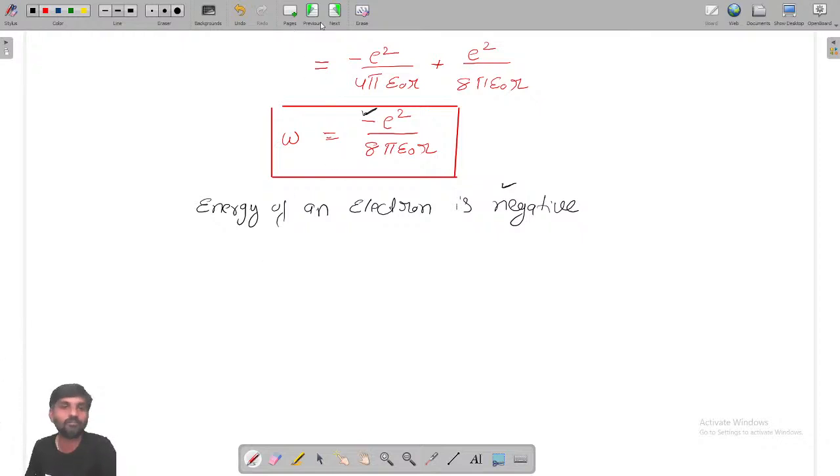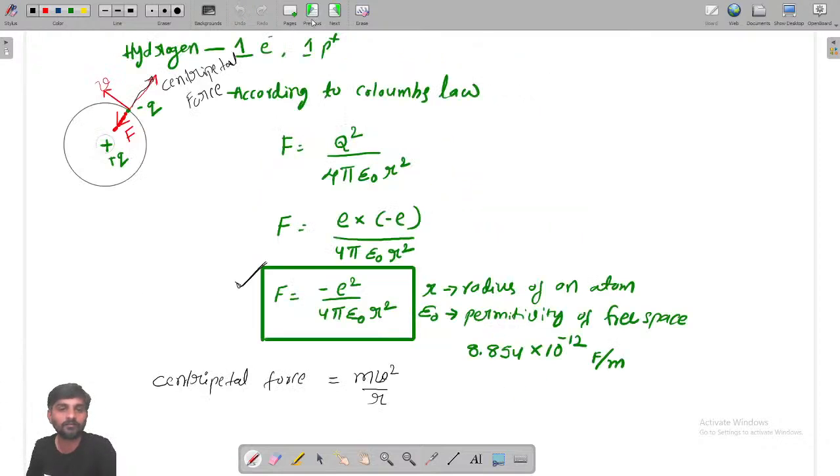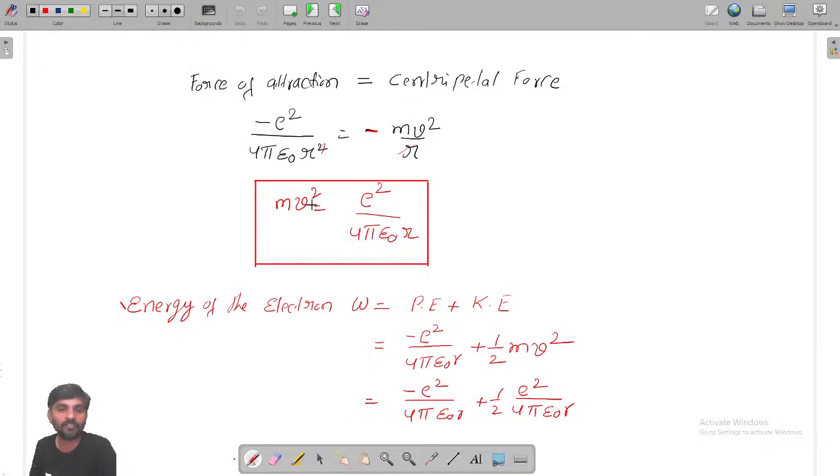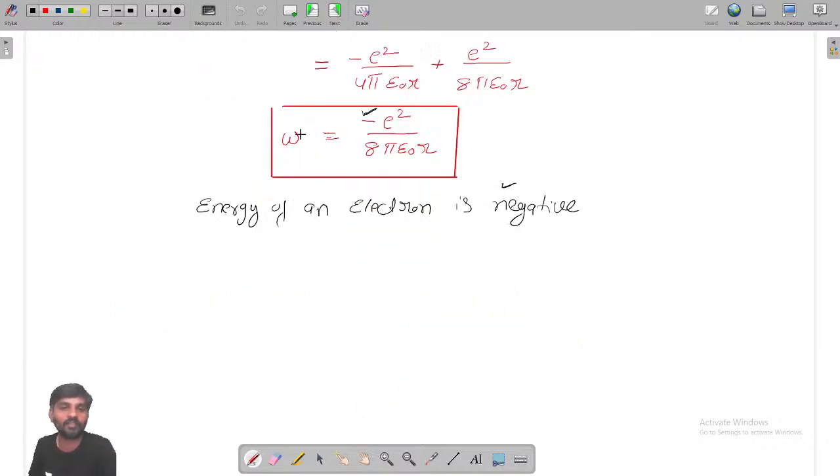So what formulas should we remember, sir? Three formulas. First, the force of attraction between the electron and nucleus is minus e square by 4 pi epsilon naught r square. This is from Coulomb's law. Next, mv square is equal to e square by 4 pi epsilon naught r. The most important one is the energy of the electron, W is equal to minus e square by 8 pi epsilon naught r.